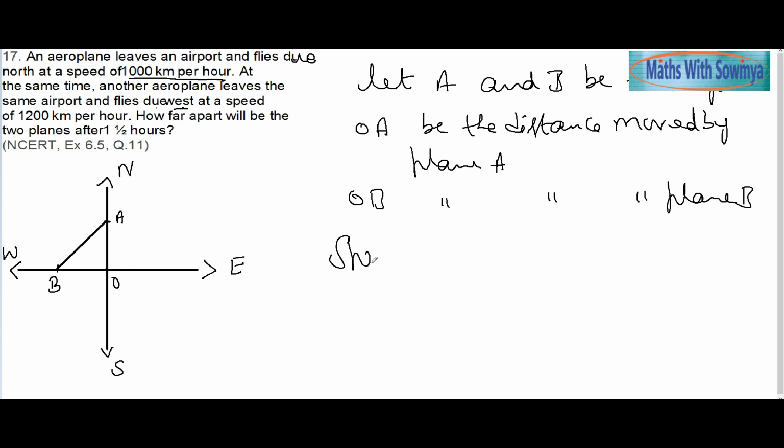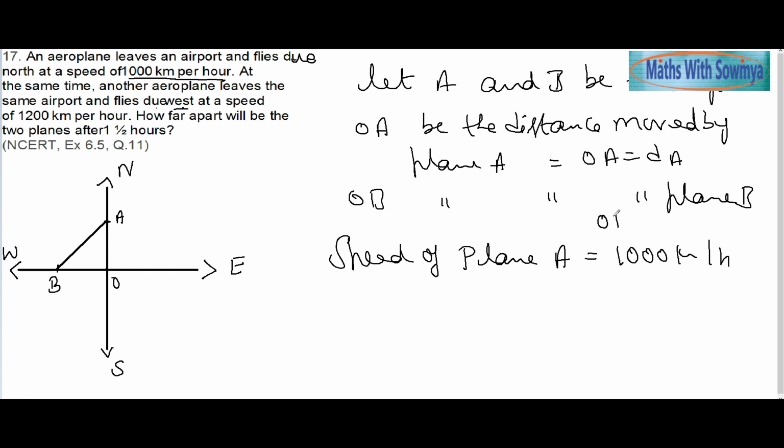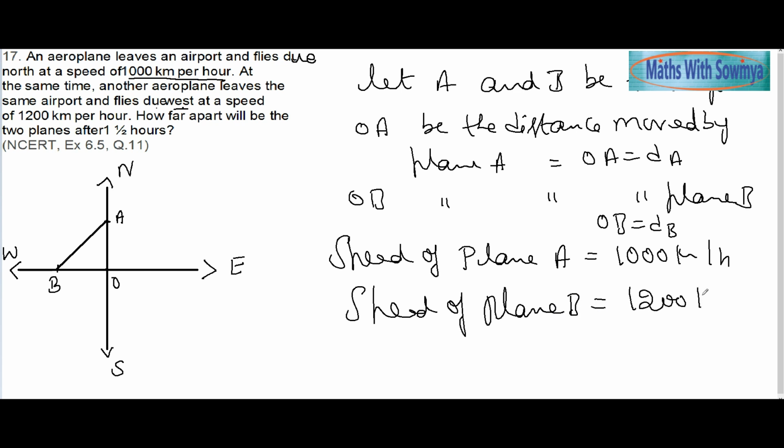Now, speed of plane A I can take as 1000 km per hour. OA I call DA and OB I call DB. And speed of plane B we will take as 1200 km per hour, and the distance I have taken as DB.